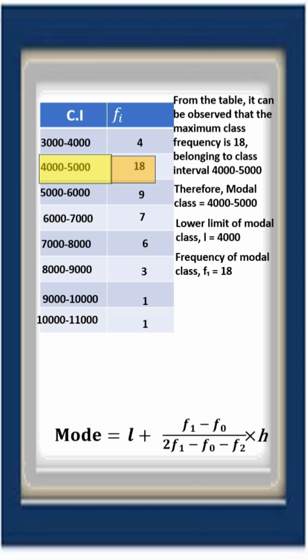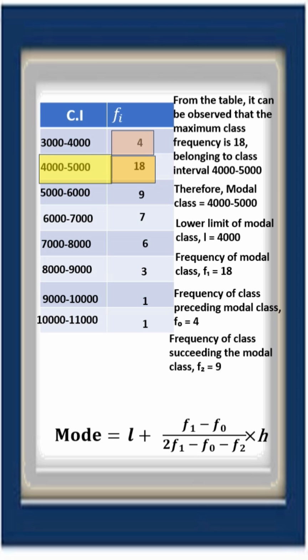Frequency of the modal class, F1, is 18. Frequency of the class preceding the modal class, F0, is 4. Frequency of the class succeeding the modal class, F2, is 9. Class size is 1000.